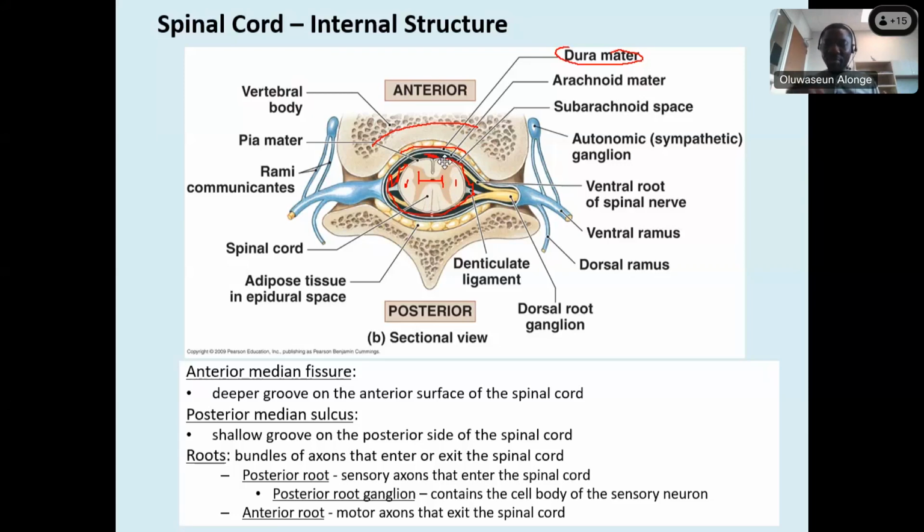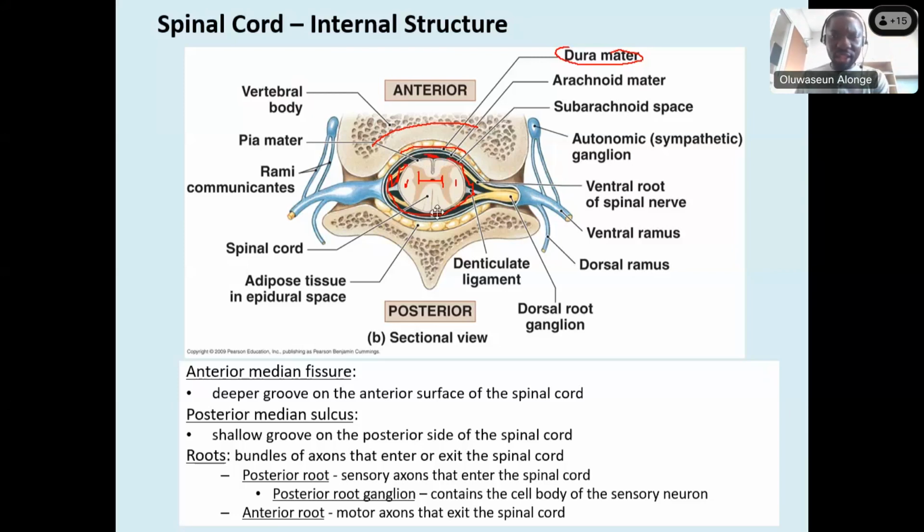We have mitochondria, we have Golgi apparatus, we have ribosomes. All of those organelles are in the gray matter. We have dendrites as part of it, and also all other axons that are not myelinated, so we say unmyelinated axons. But in the white matter area, what we have there alone is the myelinated axons. And it's white because myelin is white.